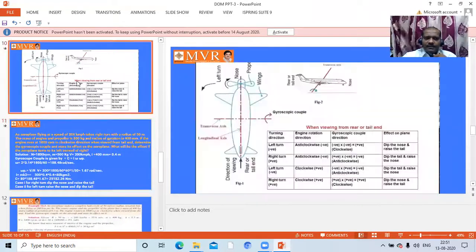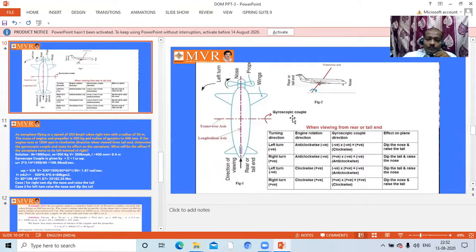For a better understanding, for the remaining conditions, I have given them in the form of a table. So let us go for the fundamentals. Once again, we are viewing from the rear end only. That's what the cursor shows here. Direction of viewing, rear end, or we can call it the tail end.